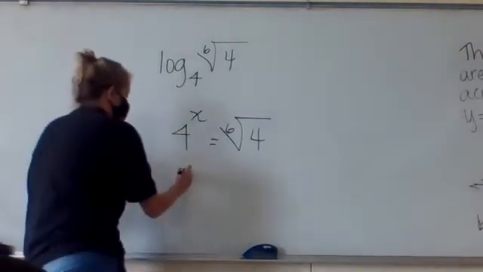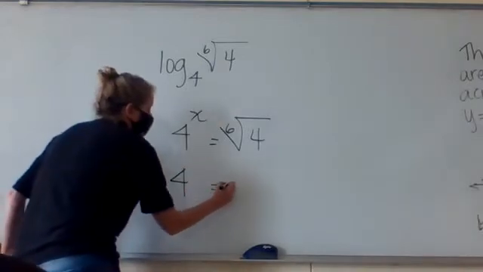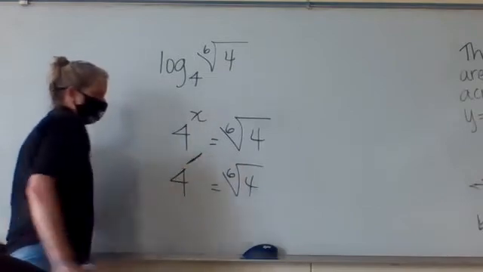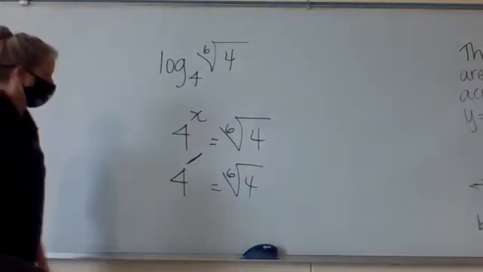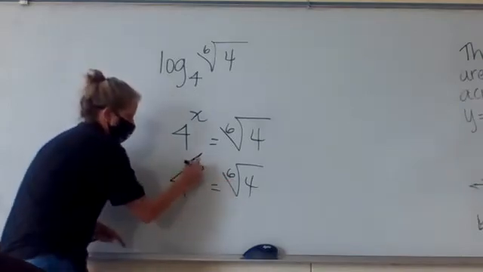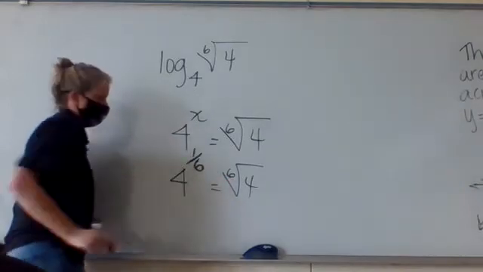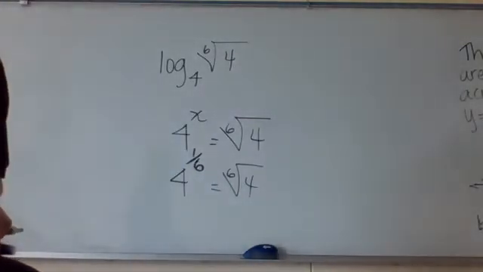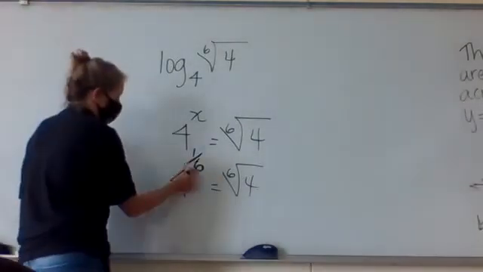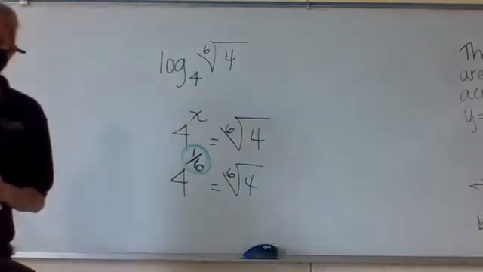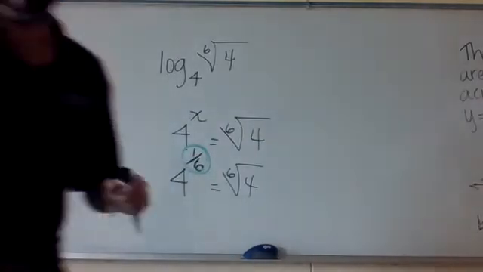What do I need to raise this 4 to make it the 6th root of 4? This number is your denominator, and then your numerator is 1. So 4 to the 1/6 power is equal to the 6th root of 4. So your logarithm, or in other words, your missing exponent, is that 1/6.